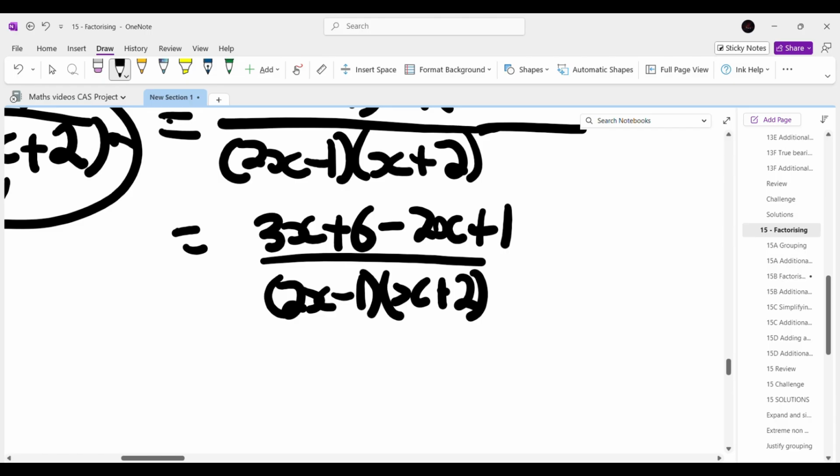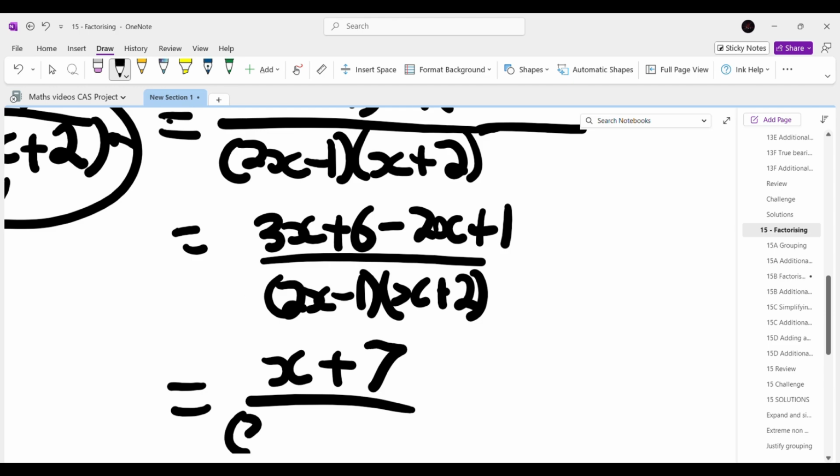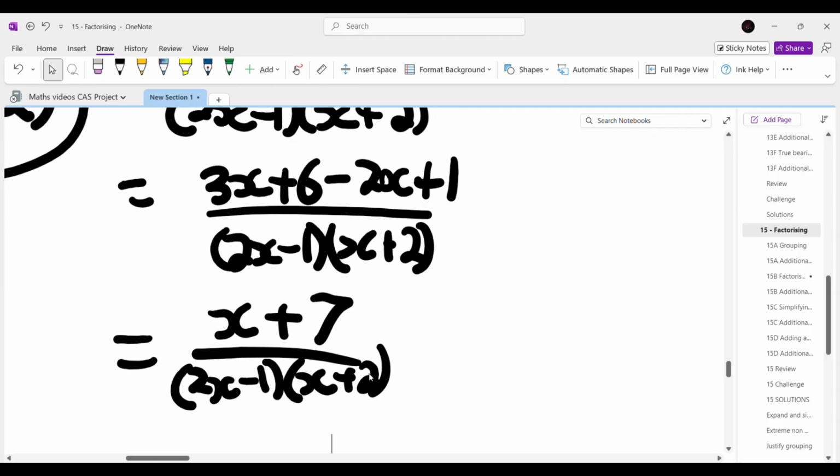So then we can just further simplify this down to, not 5x, sorry, just x plus 7 over 2x minus 1 x plus 2. Right? And this is our final solution.